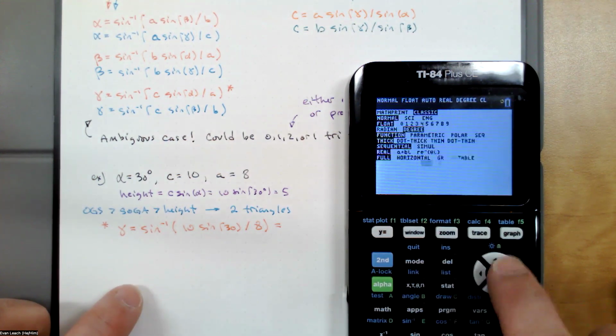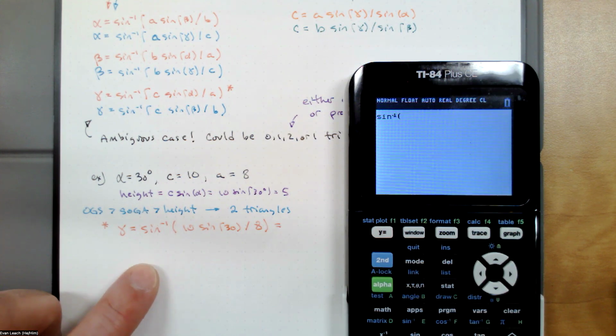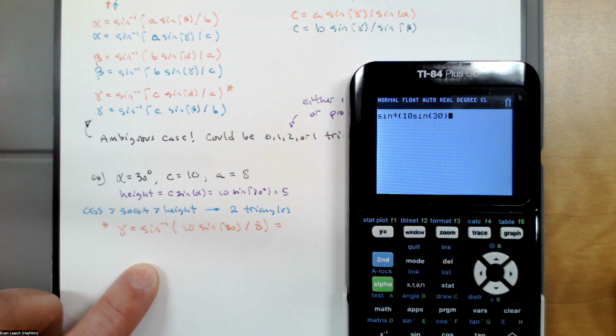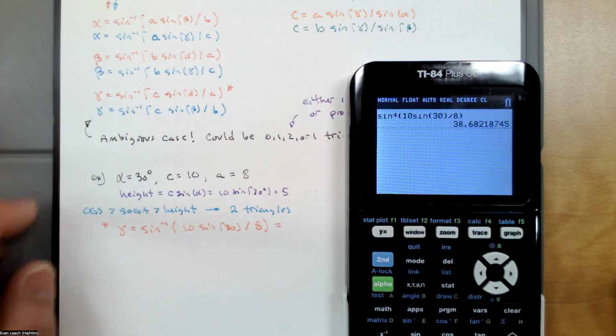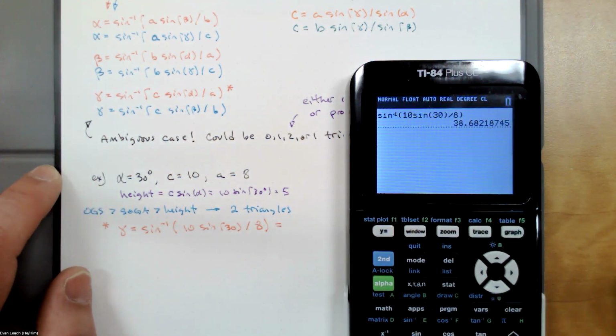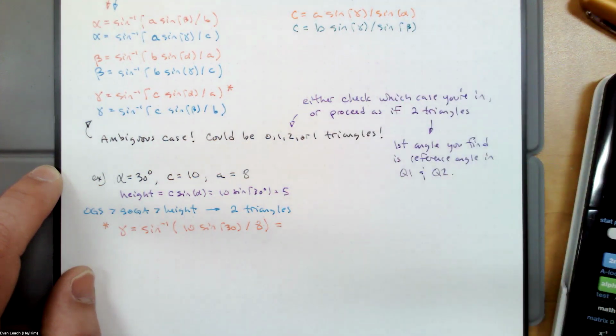Sine inverse, let's make sure that we're in degree mode. Sine inverse of 10 times the sine of 30, close parentheses, divided by 8, close parentheses. So gamma is a 38.68 degree angle. Let's call it 38.7.